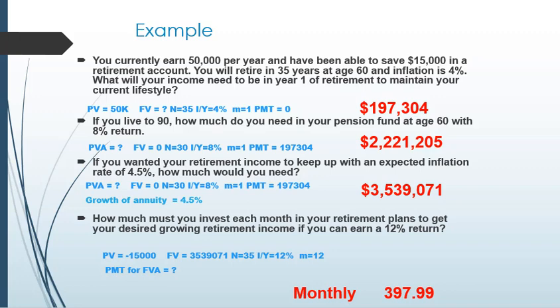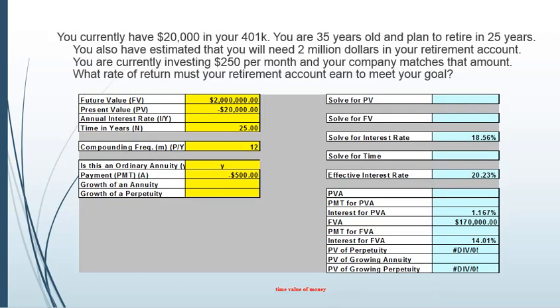You'd end up with $3.5 million in your retirement account. If you could invest the $400 a month and they match the $400, you'd actually end up with $7 million in your retirement account. So there's obviously some morals to this story of how you need to invest.